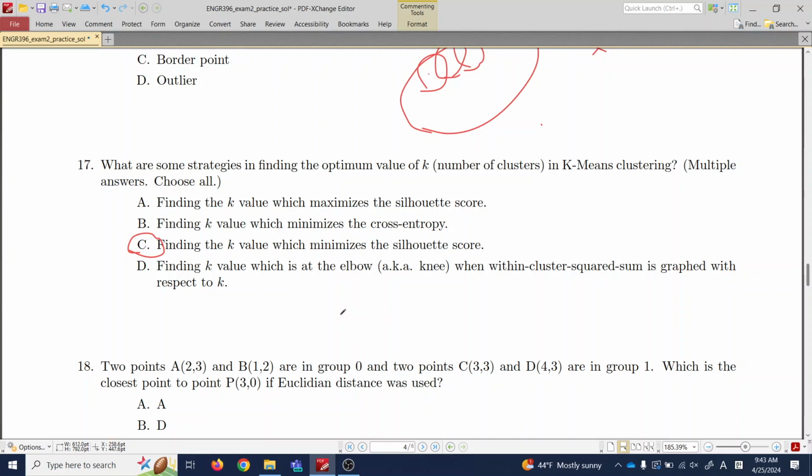It's 1 minus a_i over b_i. That's called a silhouette score, where a_i is the average distance within the cluster to a given point, and b_i is the average distance between the point and the other cluster.